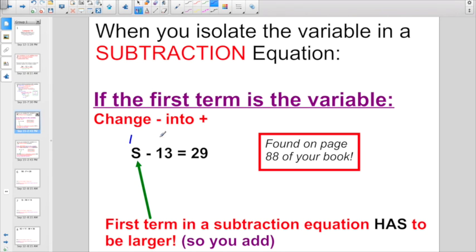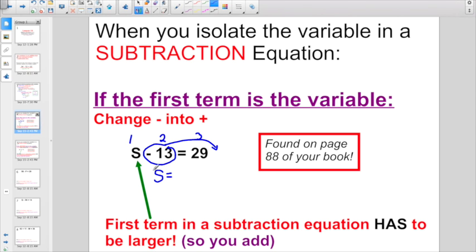S is first, 13 is second, and 29 is the third term. If the first term is the variable, you have to change minus into a plus. Let's see what that's going to look like.